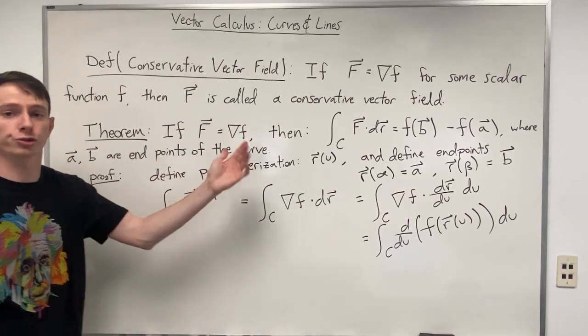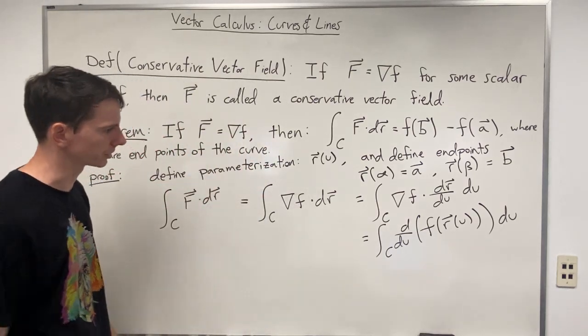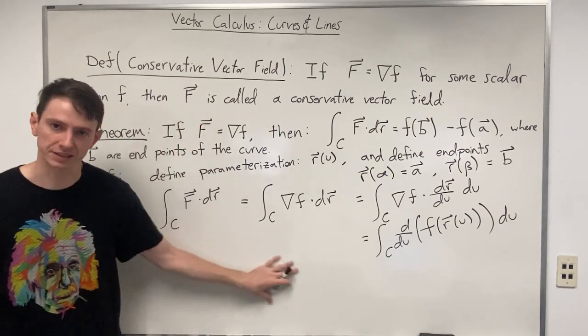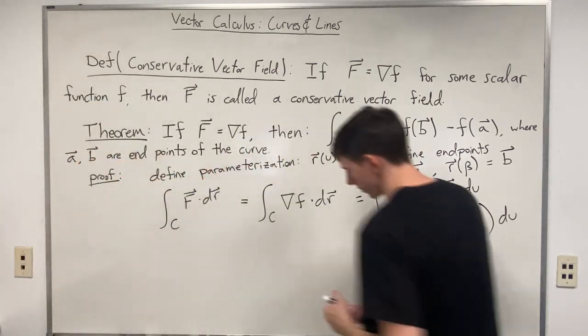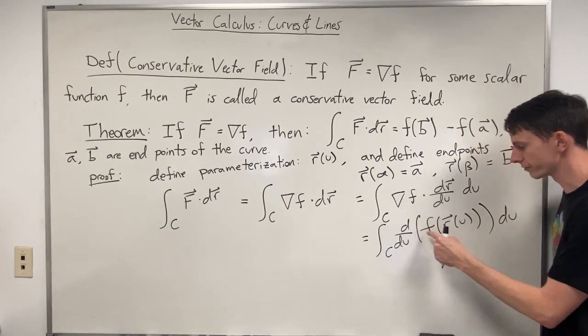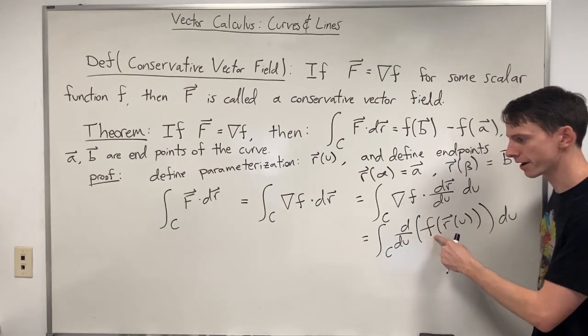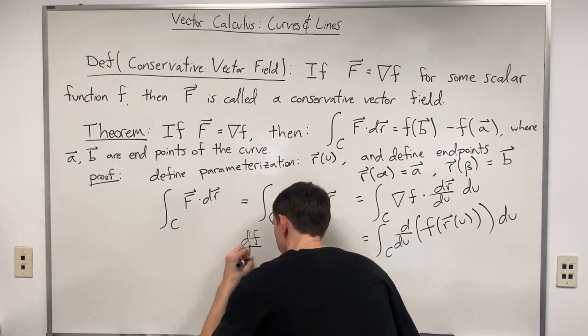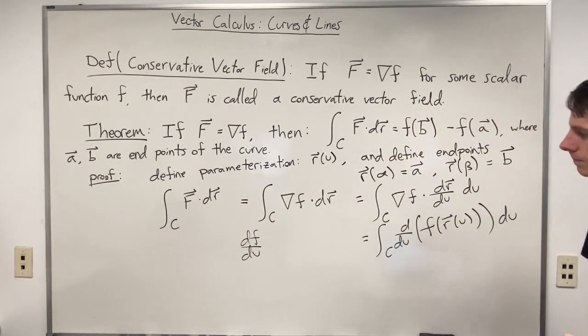I can tell you it's true, and you can take my word for it, but let's make sure we understand it. So, maybe I'll do this off to the side over here. What I'm quite literally doing is taking the u derivative of this scalar function f. So I can write out df du like this.